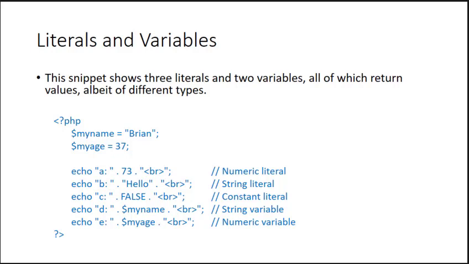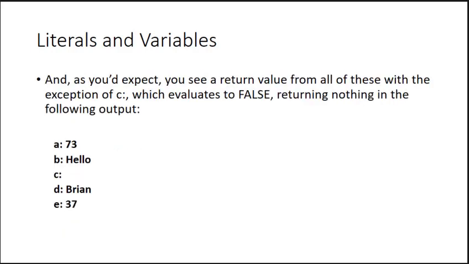This is a kind of numerical literal. This is a string, a constant literal, and then a variable, and then a numeric variable, but this depends on how you defined it. Well, this should be already known by all of you. This is what happens, of course. The only one that is null is false, of course. Nothing fancy.